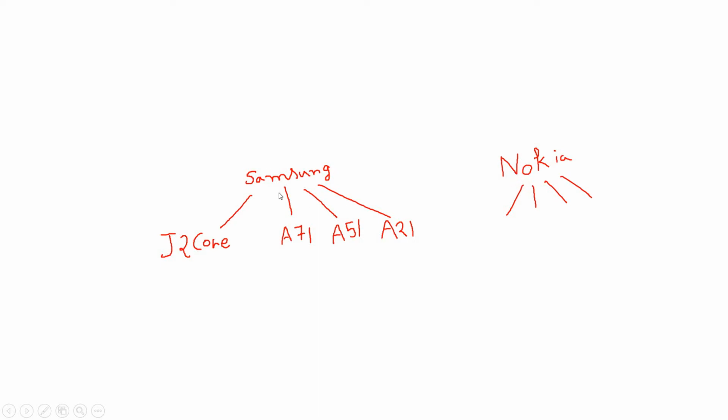Now, Samsung and Nokia both have the same kind of features of a normal mobile phone. Like, we can talk using these two phones, we can take photos. And whatever features are present in a mobile phone, similar features are possible in TVs as well as in laptops, because all are electronic gadgets.